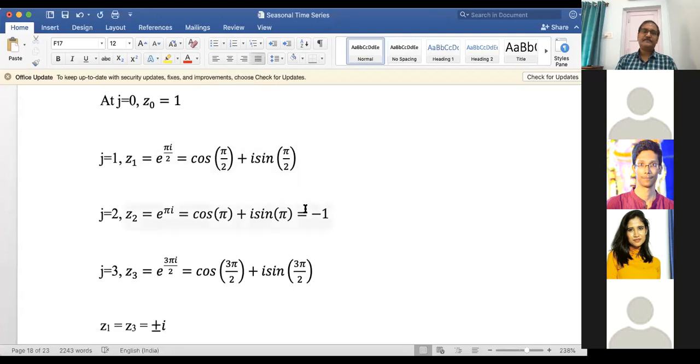Okay. At j equal to 2. Now, before moving into the case of j equal to 2, try to understand the value of z1 here. This is actually 90 degrees, pi by 2. What is the value of cos 90? The value of cos 90 is 0.